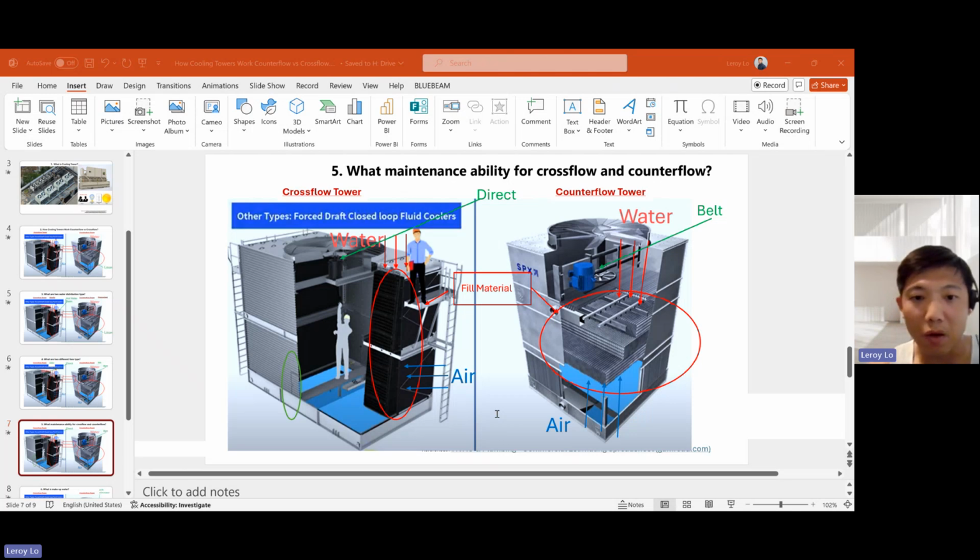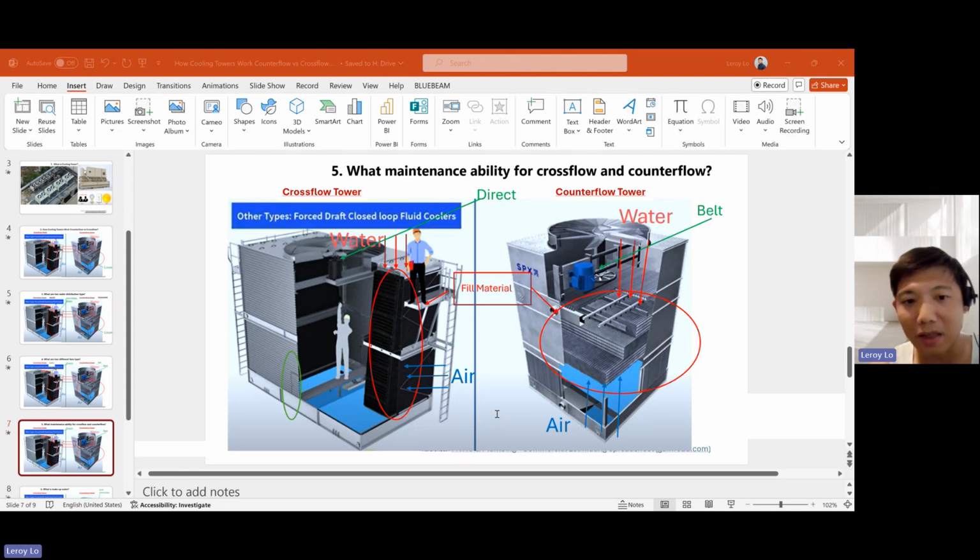However, if you see on the right side of the photo for the counterflow cooling tower, you can't get into the tower totally, because all this water is trickling down over basically the whole footprint of the tower. So you will get soaked, unless you don't mind getting soaked.